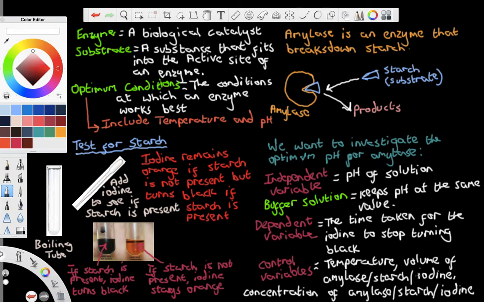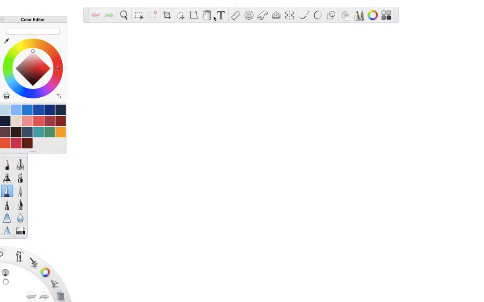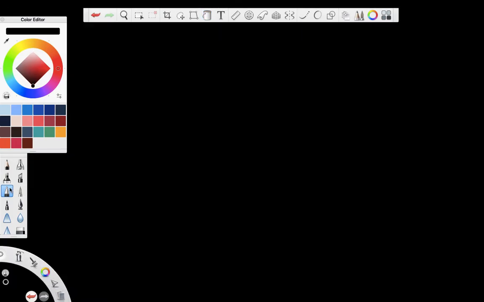So let's think about how we are going to investigate this. Okay? Please remember this is a pre-recording, so if you don't get the notes down in time, you can press pause. So we need now a method. And I'm going to put it with a different color actually. So method.